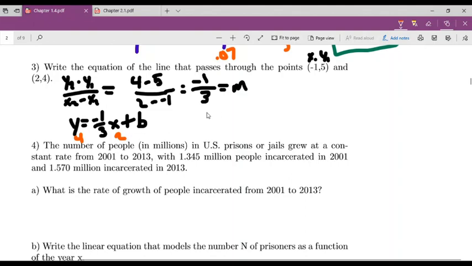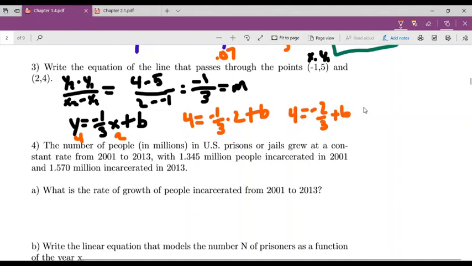Okay, if we substitute those in, what we get is 4 equals negative 1/3 times 2 plus b. So that what we get is 4 equals negative 2/3 plus b.